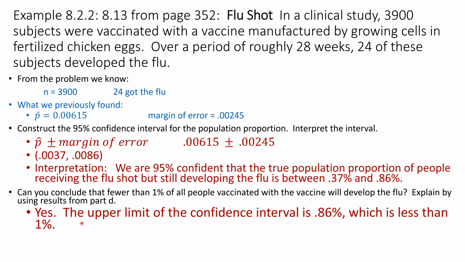And yes, we can show that fewer than 1% of all people vaccinated with the vaccine will develop the flu, because the upper limit of the confidence interval is 0.86%, which is less than 1%.